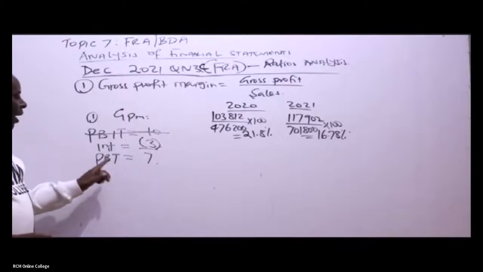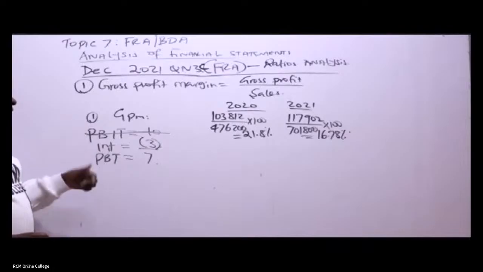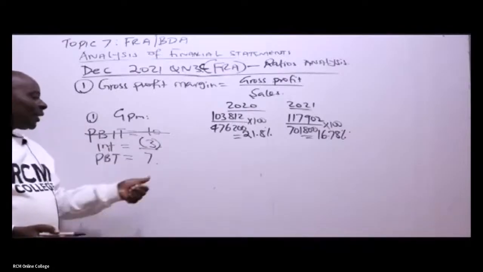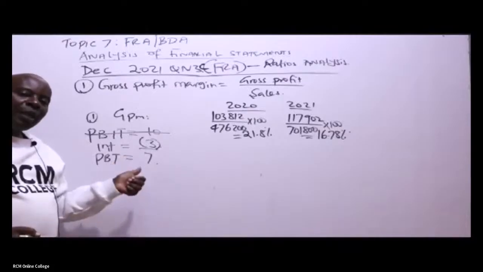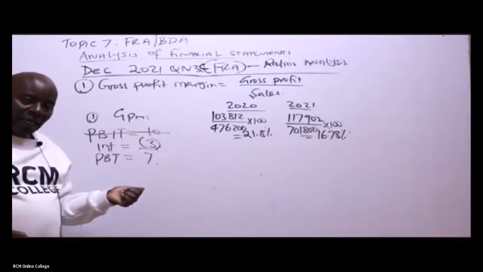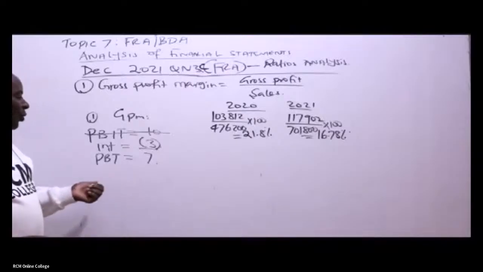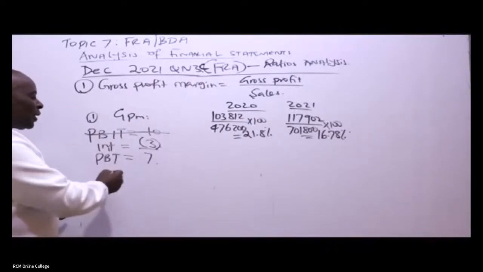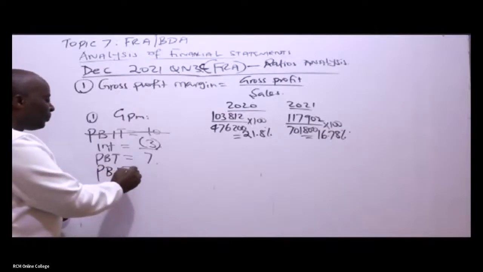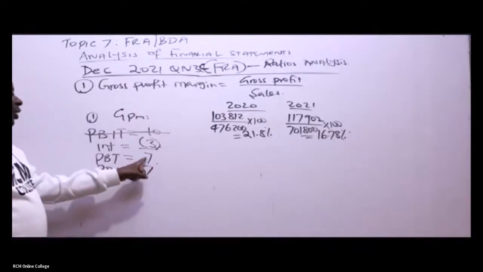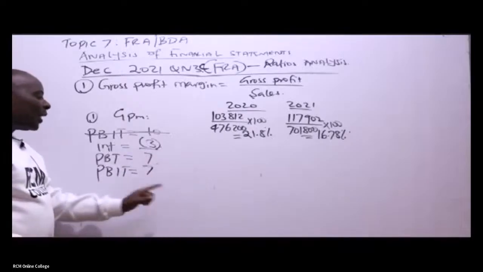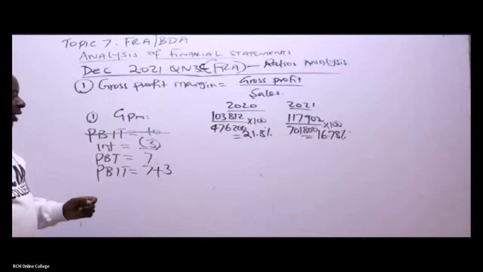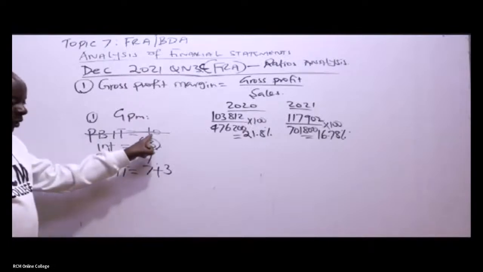So the question is, how do you change PBT to PBIT? Very easy. This is profit before tax, so it is after interest. I want you to make it before interest and tax. You had subtracted interest to arrive at this, so simply add back that interest, which is 3. So 7 plus 3 gives me 10.